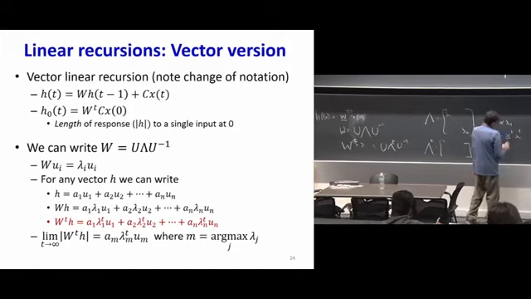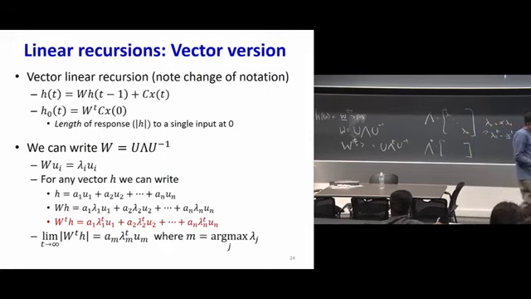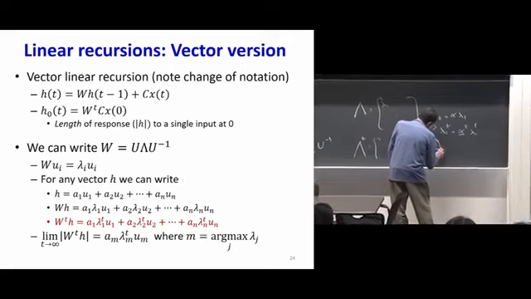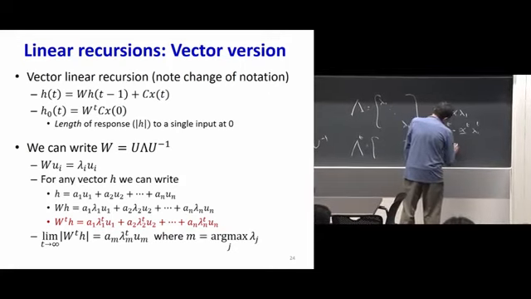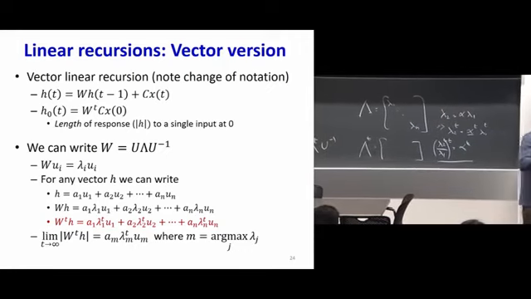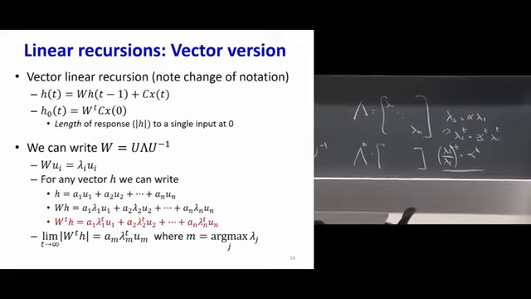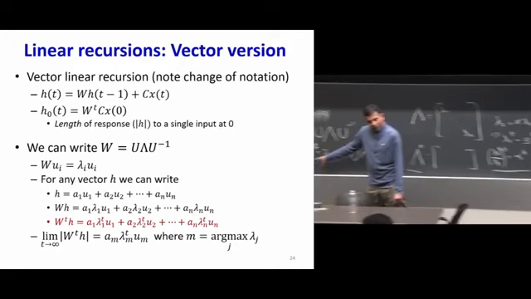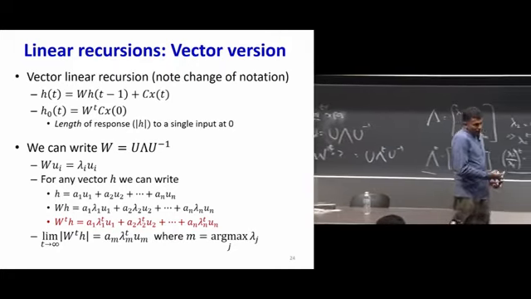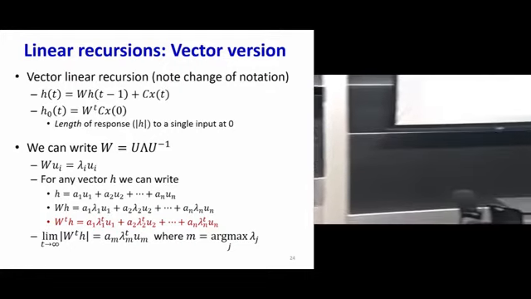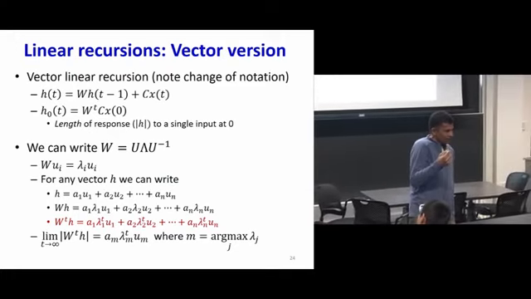So the ratio of lambda 2 to lambda 1 raised to t equals alpha to the t. This is how the eigenvalues of W raised to t scale with time. Eventually, W raised to t is going to be dominated by just one single eigenvalue, the largest eigenvalue.